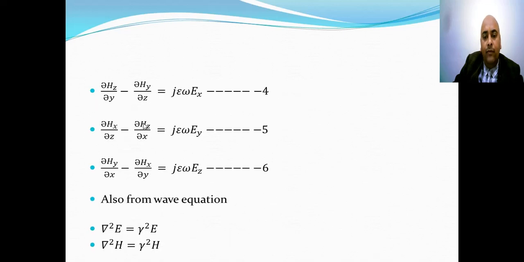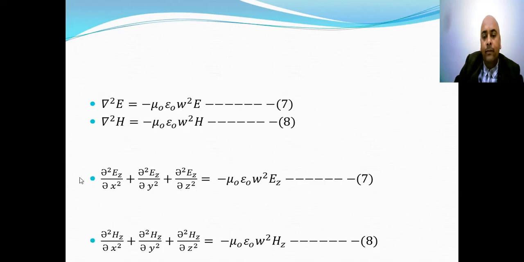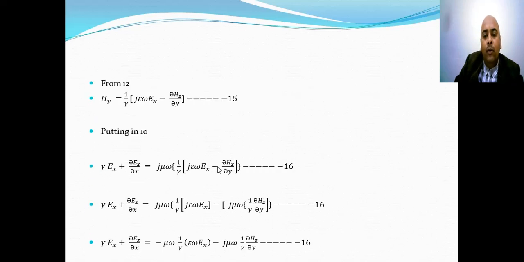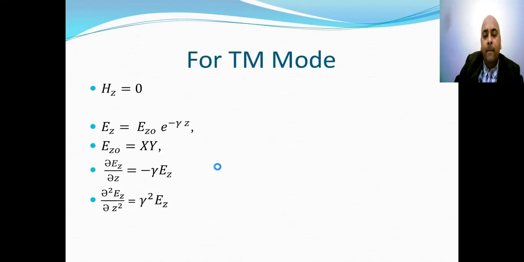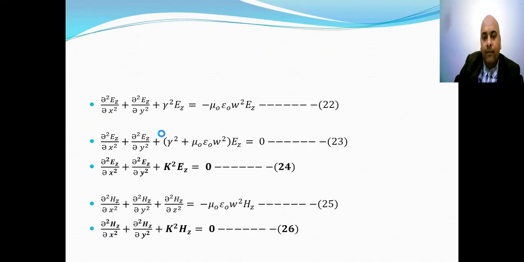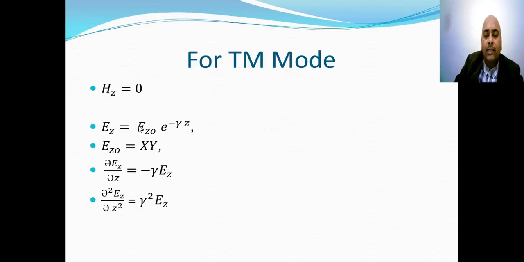So the wave equation for free space that we have already discussed, this was the wave equation for free space. So the wave equation for free space, that is the material inside the waveguide, can be written as ∂²Ez/∂x² plus ∂²Ez/∂y² and ∂²Ez/∂z², which we are writing as gamma square into Ez.